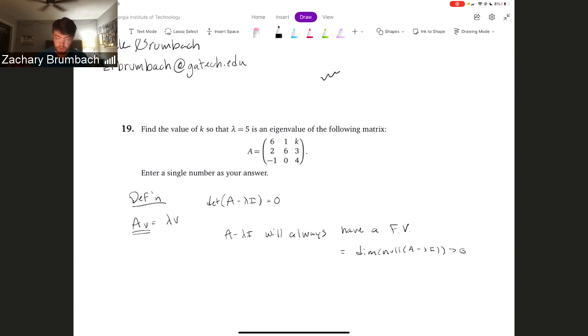So in this case, what we're looking for is when we subtract A minus 5I, we want a free variable at least. If A minus lambda I has a free variable, then lambda is an eigenvalue. So for the sake of this, we're going to assume that it is.